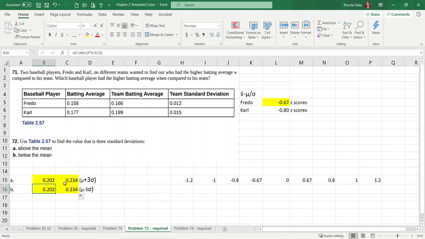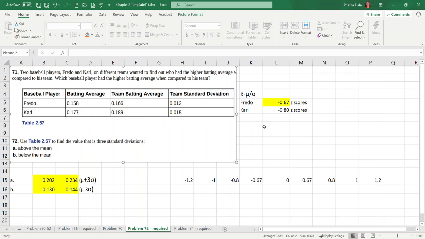Because I'm doing below the mean, I'm just going to change this to minus, and change this to minus, and then we will be done with this problem. There we go. So those are the above and below means for Fredo, and these are the above and below means for Carl. And then we would be done with problem 72. I hope this helps. Thank you.